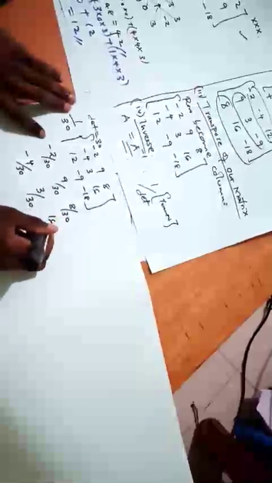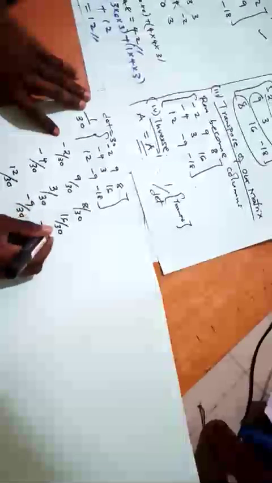So this is our matrix that we are trying to inverse. So to inverse that matrix, we have negative 2 over 30, 9 over 30, 8 over 30, negative 4 over 30, 3 over 30, 16 over 30, 12 over 30, negative 9 over 30, negative 18 over 30. So this matrix can be written in simpler terms.